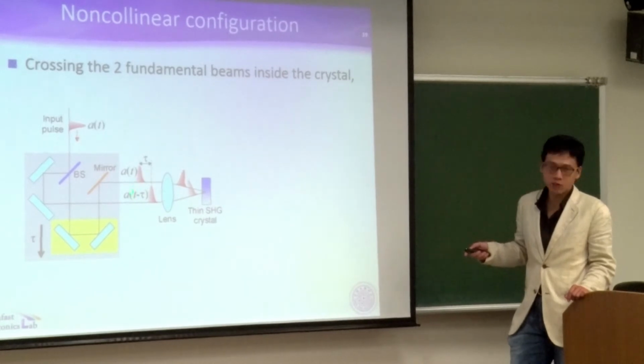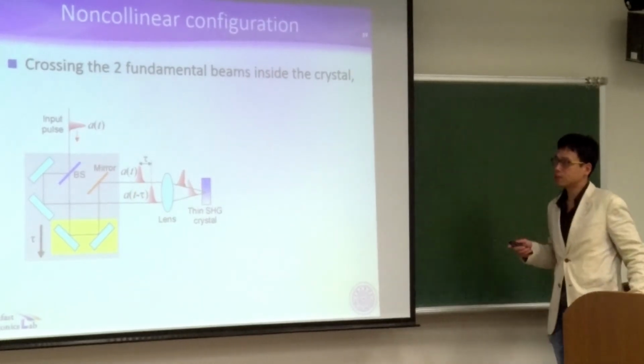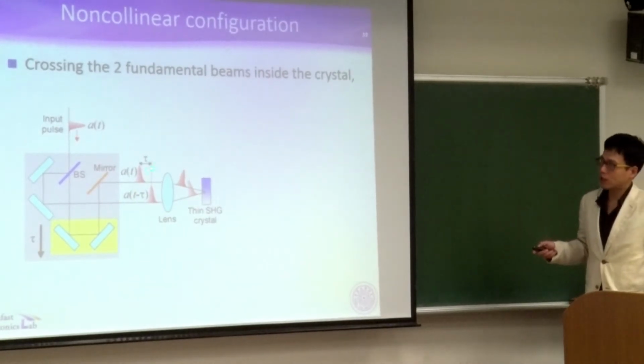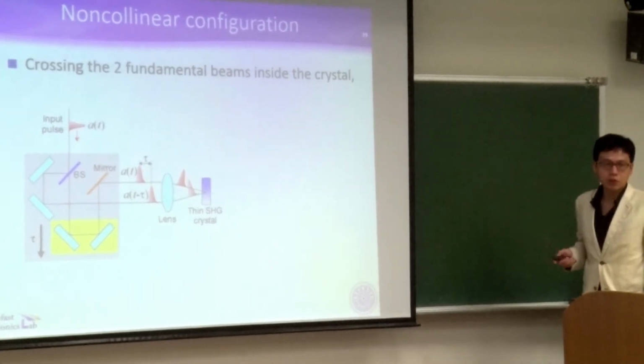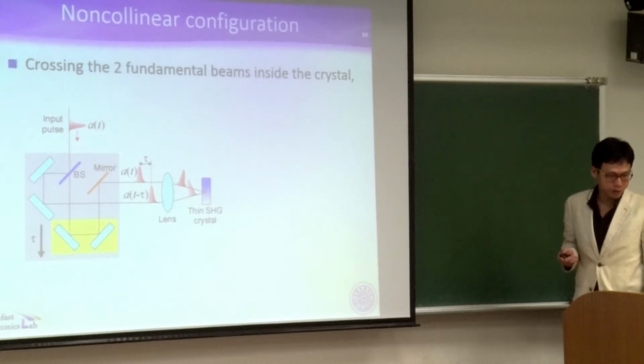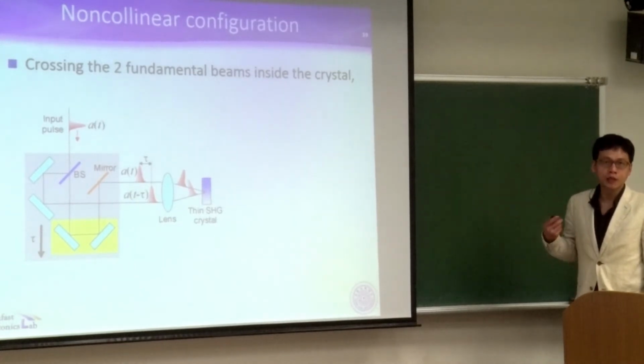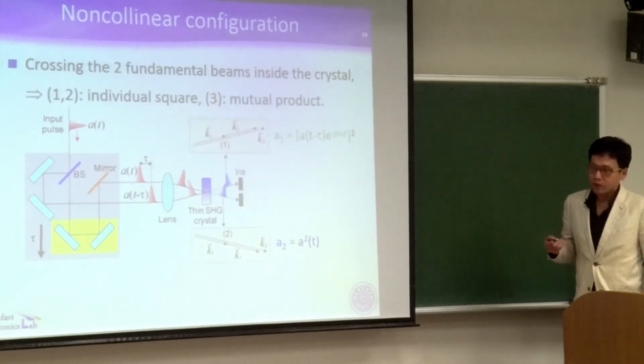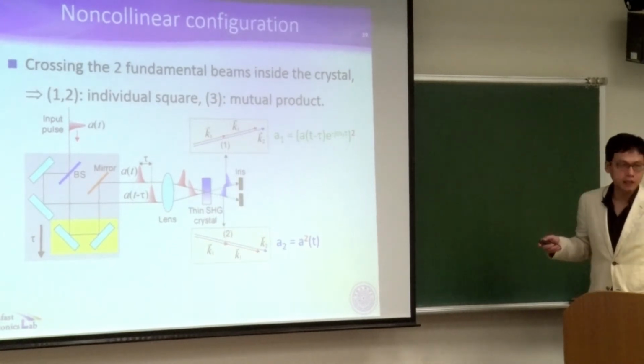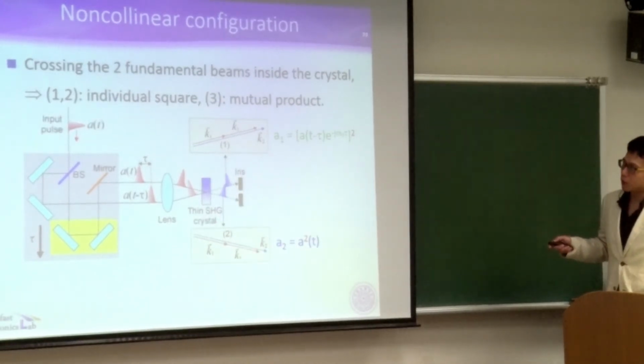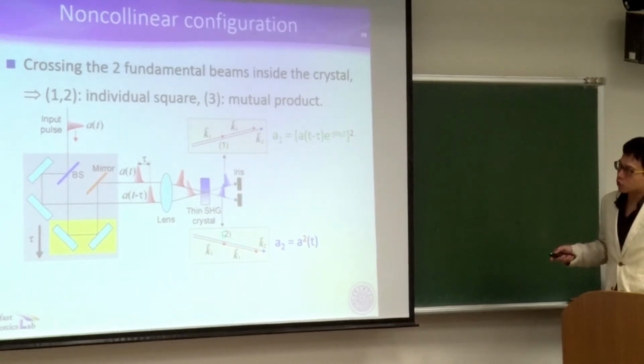So they are parallel but do not travel together. Then we can use a lens to focus the two beams into a thin crystal for second harmonic generation. Then what do we have? You can easily identify there will be pulse 1 and pulse 2.